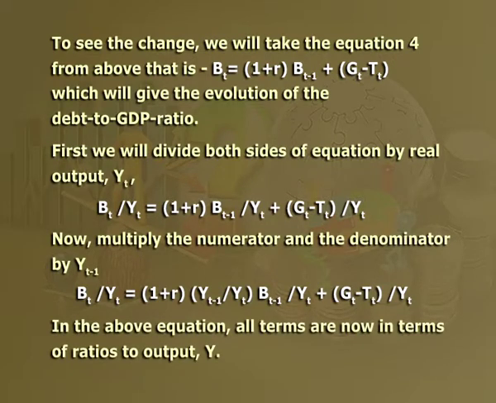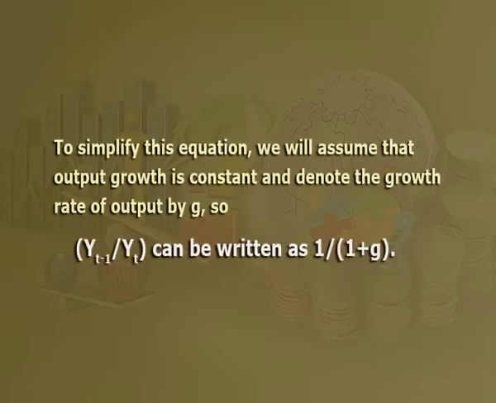In the above equation, all terms are now in terms of ratio to output Y. To simplify this equation, we will assume that output growth is constant and denote the growth rate of output by G. So, Yt minus 1 divided by Yt can be written as 1 divided by 1 plus G.